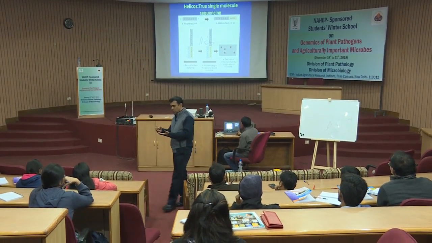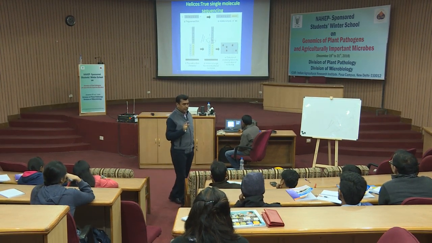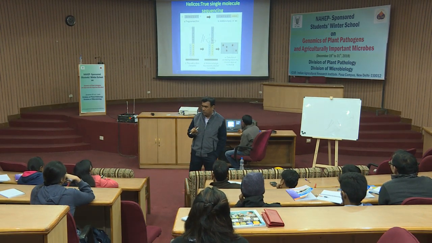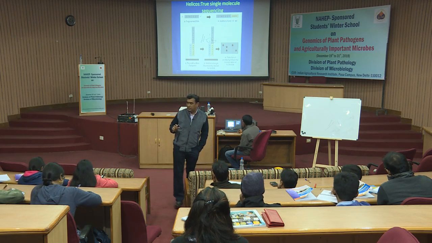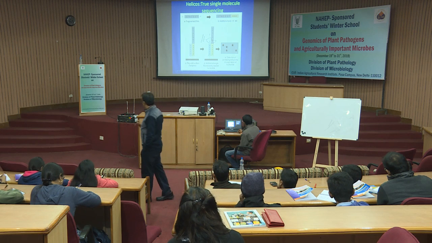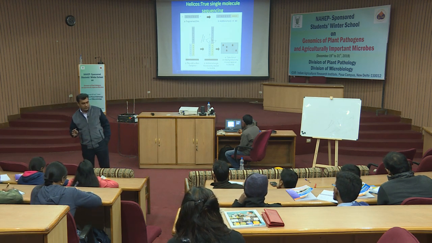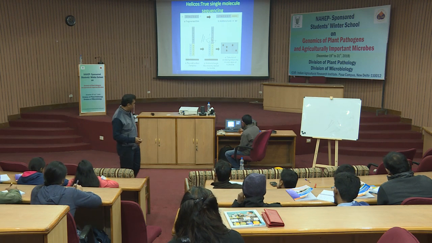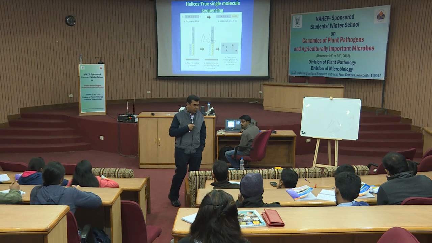So, the genome can be sequenced again on a small glass slide. The length in this particular chemistry was only 50 base pair. You cannot generate more than 50 base pair. Unfortunately, this chemistry is now outdated. They don't provide any support. They don't use it. So, we will not discuss more about this particular chemistry. Next.